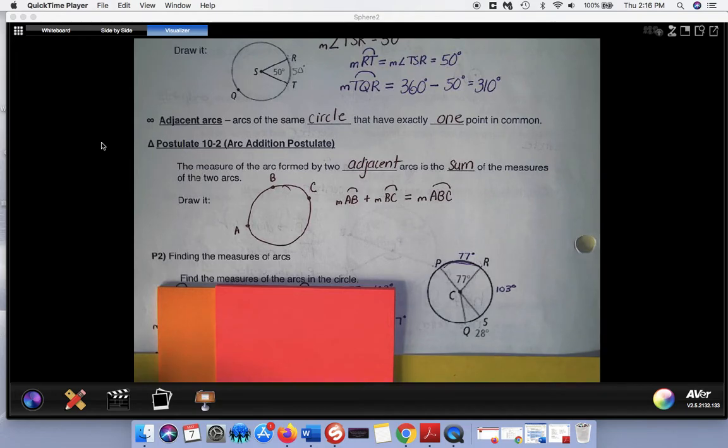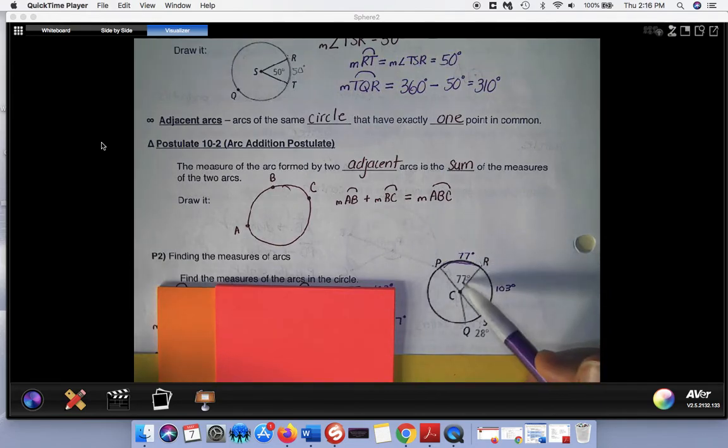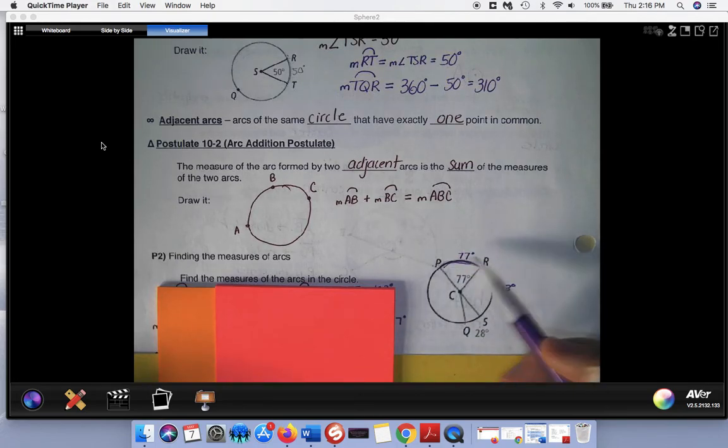I'm going to name some, and one of the things I'm going to point out first is that we have a minor arc, arc PR right here. We expect a minor arc to be less than 180 degrees, and it makes sense because its corresponding central angle, angle PCR, is 77 degrees, so this arc should also be 77 degrees.